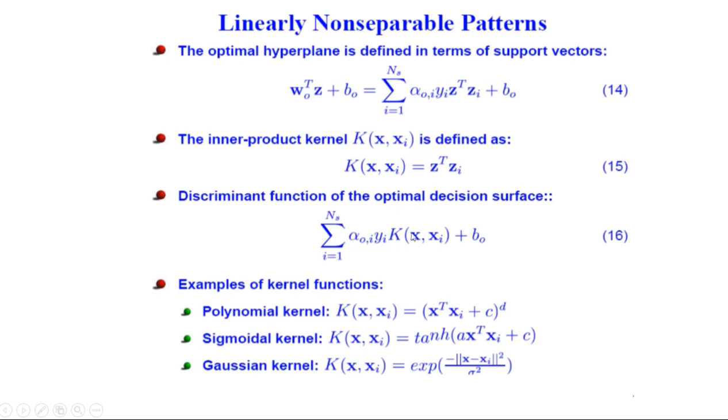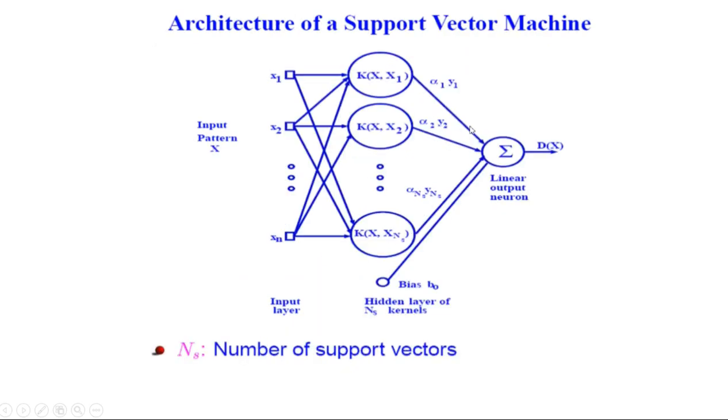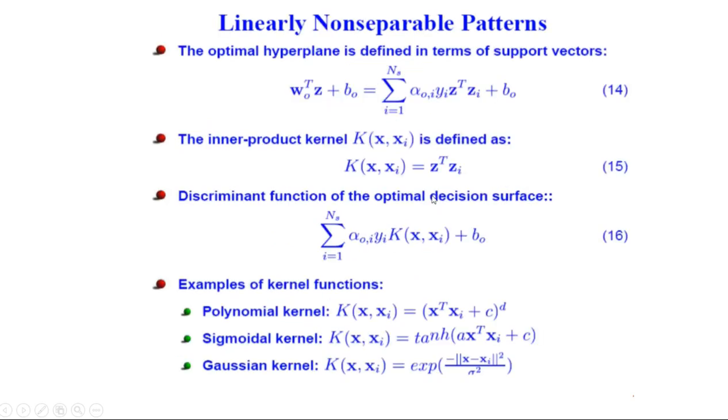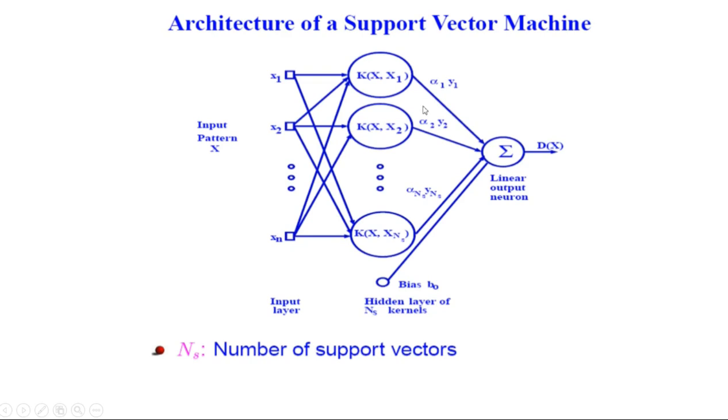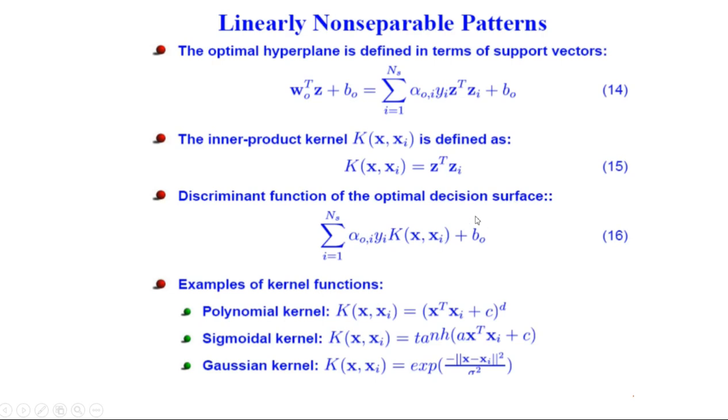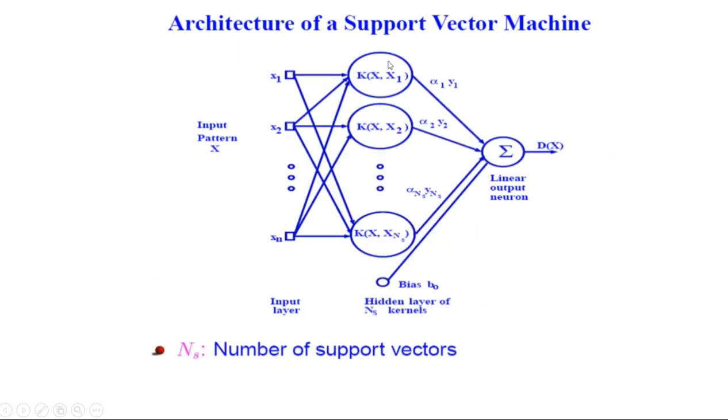You get multiplied with this and then you perform a linear summation of all the outputs. That means for all the points you have to perform the summation. So finally you will get the output d of x. We have just written this entire equation in architecture form.